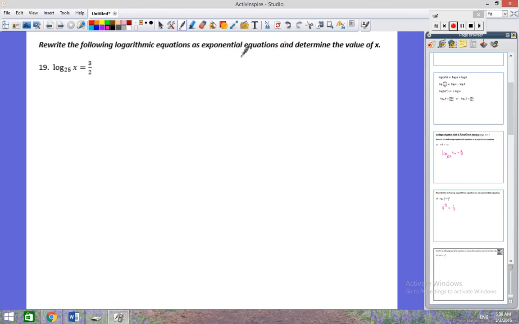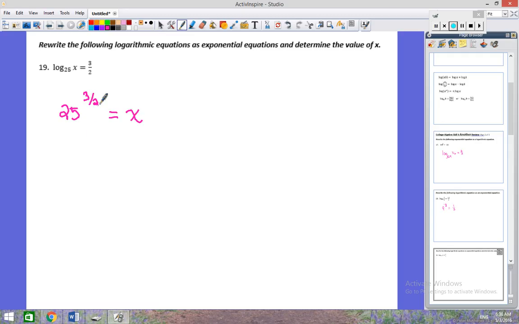Here they're asking us to rewrite it as an exponential equation, but then also to determine the value of x. So here we have a base of 25 being raised to the 3/2 power is equal to x.